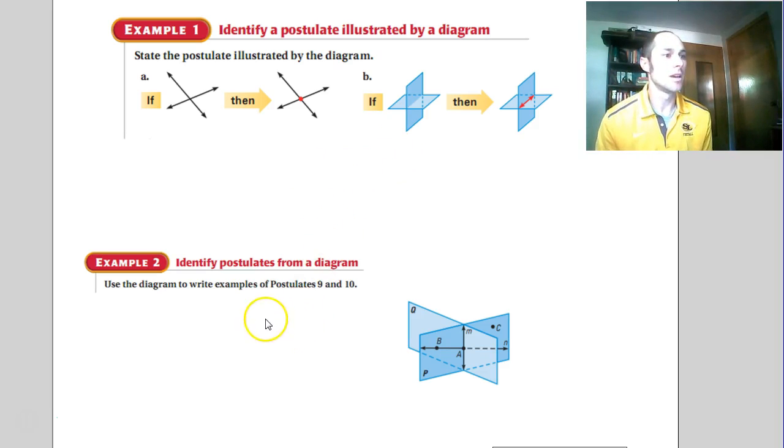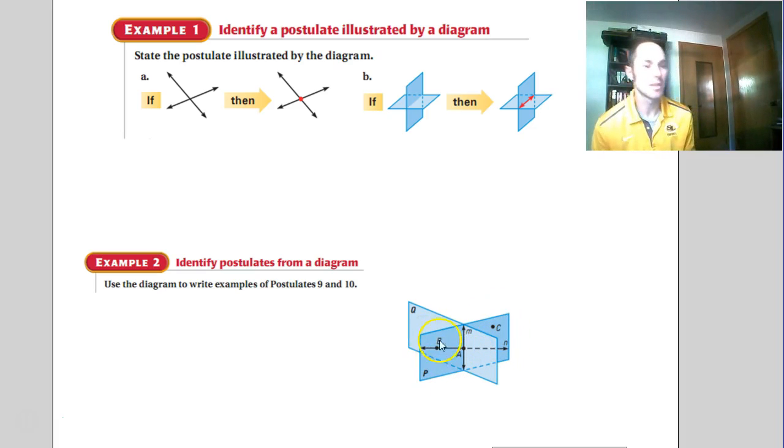Let's take a look and see if we can identify some other postulates here. Notice this plane, plane P. Notice there's a line M on that plane. So that means that the points on that line are in plane P as well.